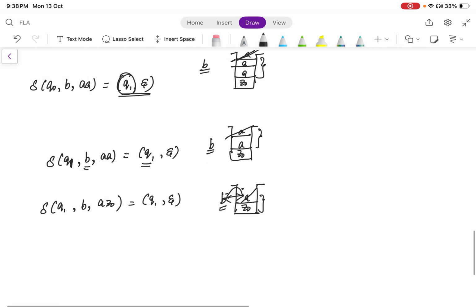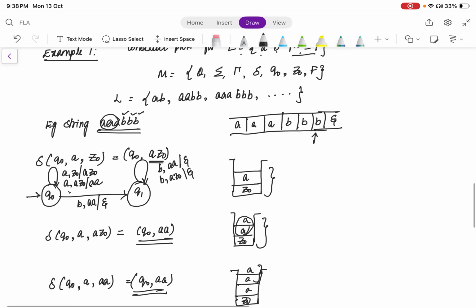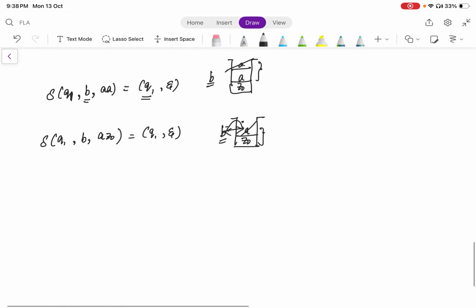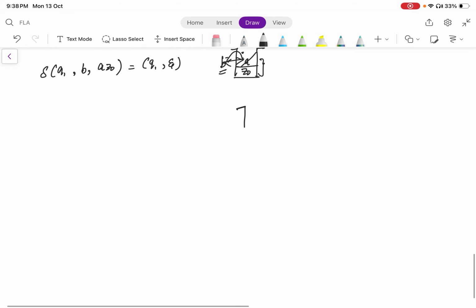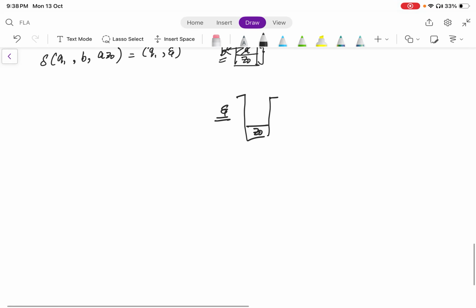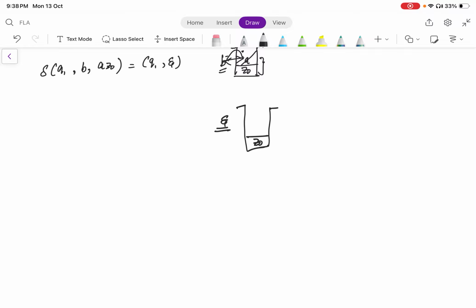Now all your a's and b's are done. You got epsilon at the end. Now your symbol is epsilon and the stack state is just Z0. You have to make the stack empty, right?